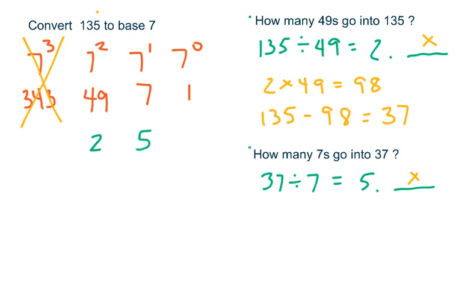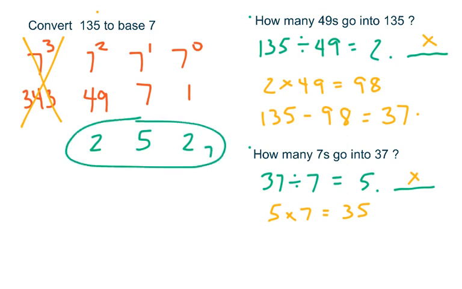And the process keeps going. What did I take care of there? Well, I had 5 7s, which takes care of 35 of this number. I had 37 that I needed to take care of, and I just took care of 35 of it. So that leaves me with 2. Well, those 2 1s are going to go in my 1s column, and I have converted 135 to base 7. It's going to be 252 base 7.